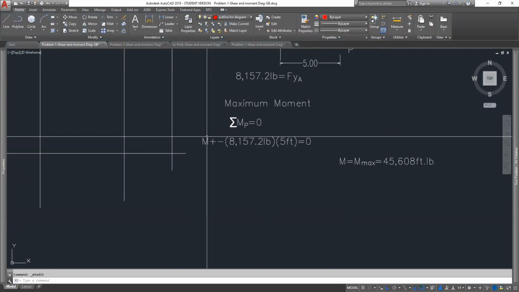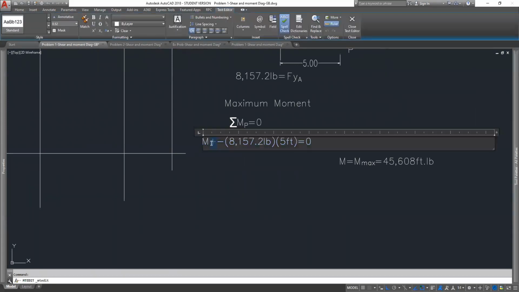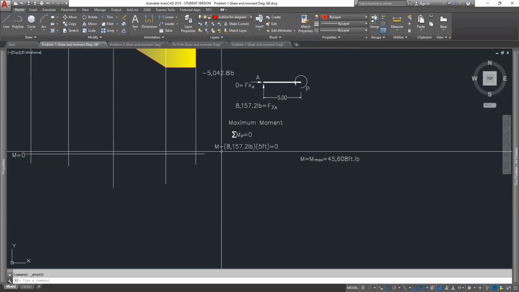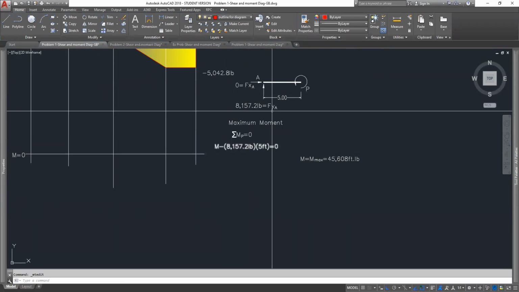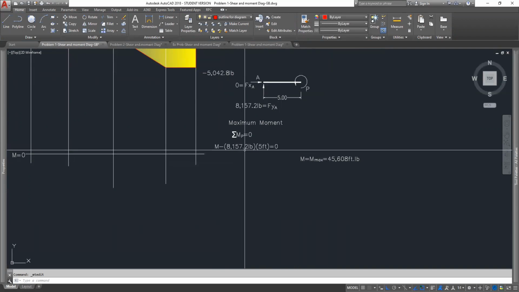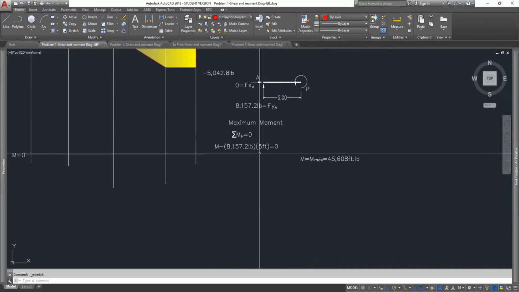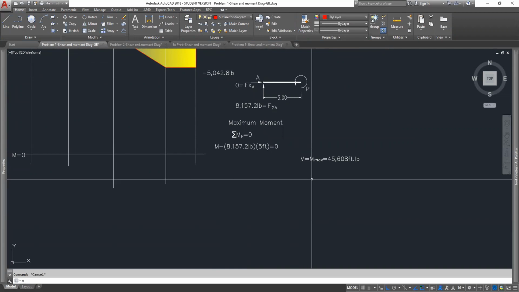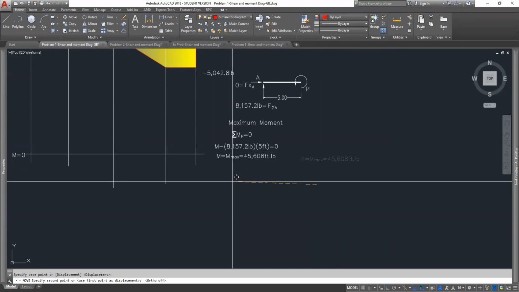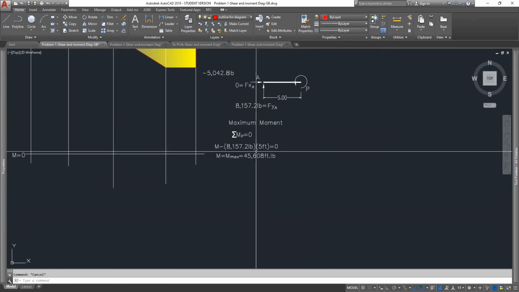And so this force right in here, I can take that out, M, which is MP, minus, this is a negative force because it's going clockwise, 8157 times its distance times 5. So since that is the point where V is 0, this will be our M is equal to M max.